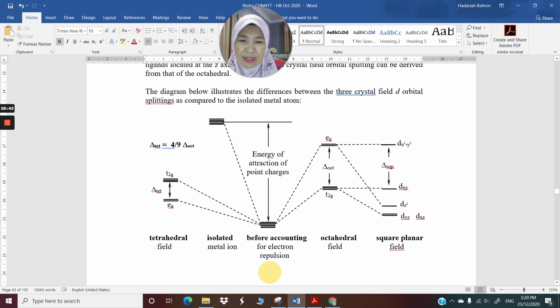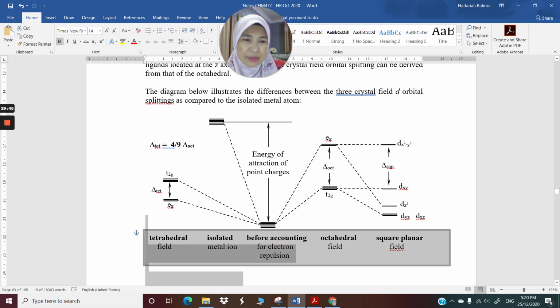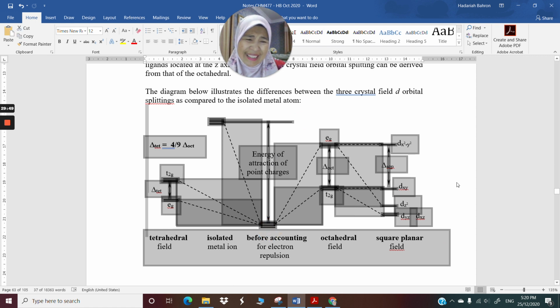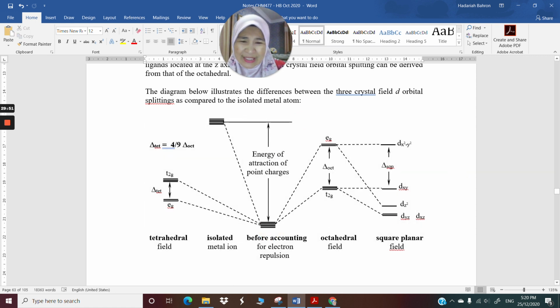So these are your d orbitals before any ligands approach. So it is sitting pretty at the bottom here.